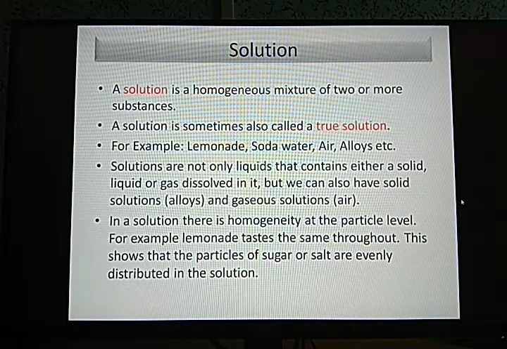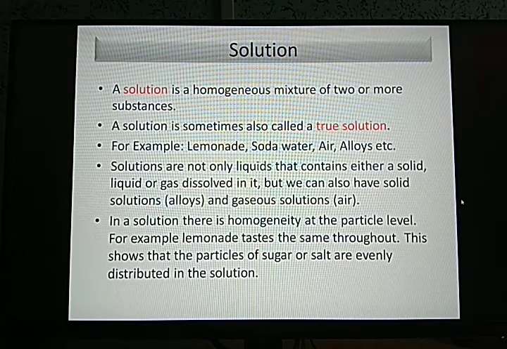There is no particular point where the solution tastes different or shows some different characteristics. Throughout the whole solution, it will show the same characteristic properties. So we can say that there is a homogeneity, a uniformity at the particle level.